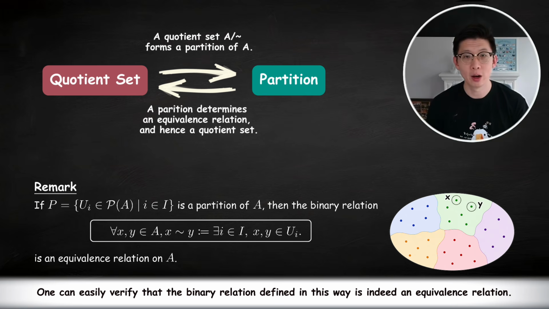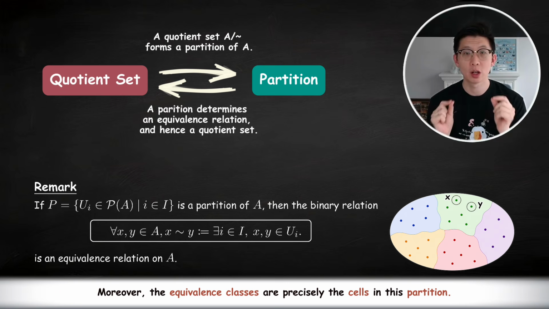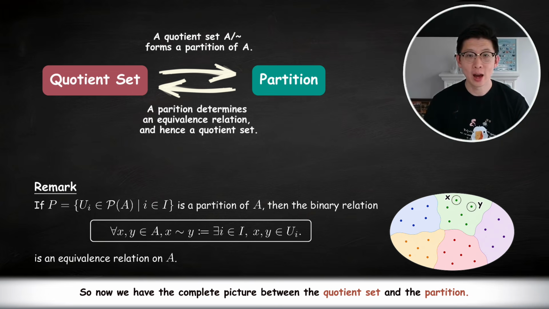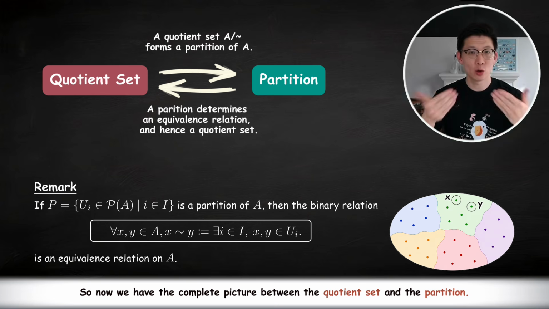One can easily verify that the binary relation defined in this way is indeed an equivalence relation. Moreover, the equivalence classes are precisely the cells in this partition. So now we have the complete picture between the quotient set and the partition.